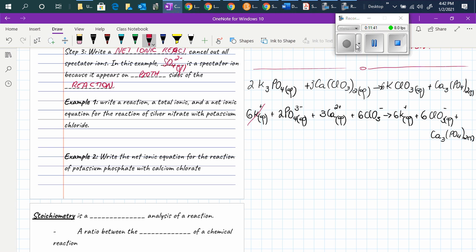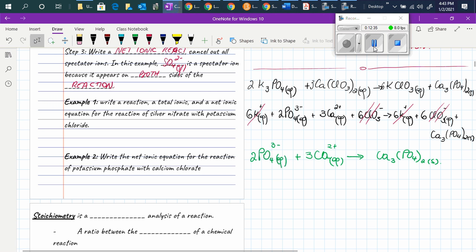So now what is common in both sides of the reaction? We have 6 potassium and 6 chlorate. Everything else is only on one side of the reaction, so the net ionic reaction will be 2PO4 3- in aqueous solution plus 3 calcium 2+ in aqueous solution will give us calcium phosphate in solid state.